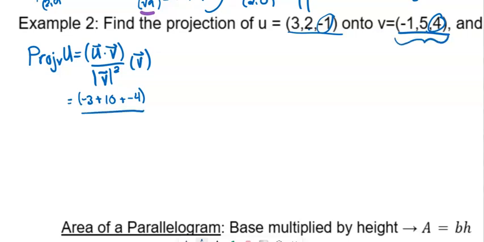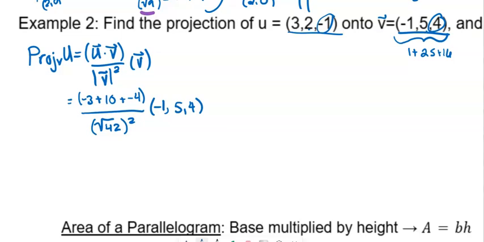Okay, now I'm going to take this vector v and find the magnitude of it. I'm going to have 1 plus 25 plus 16, which is 42. And then I'm going to write vector v here as well. That's the direction that my shadow is going.